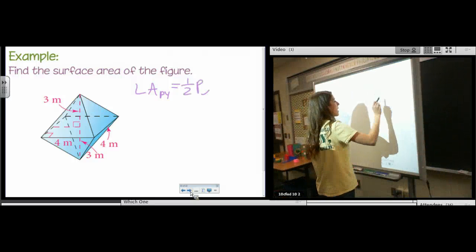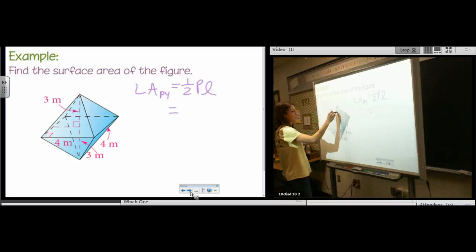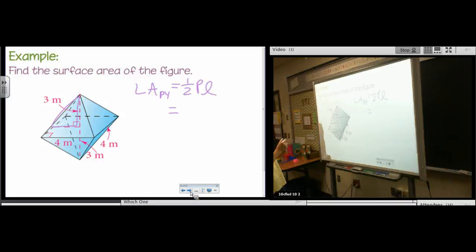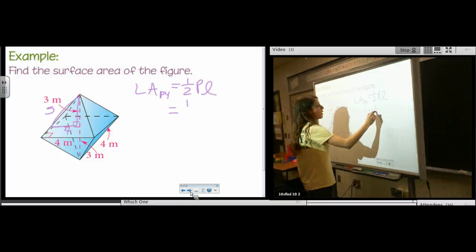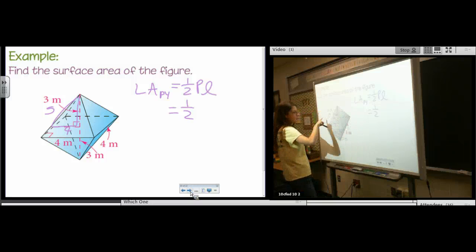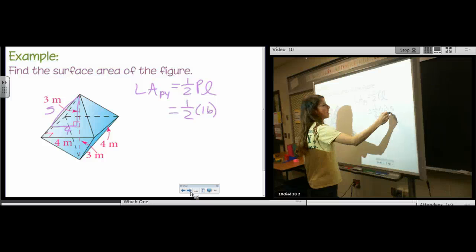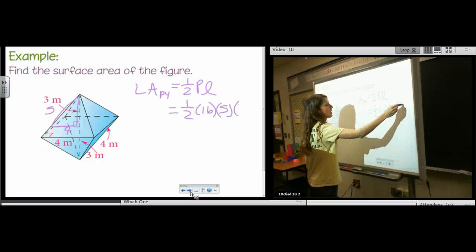1/2 PL. So we don't know L, but we are in luck because this is a 3, 4, 5 triangle. 3, 4, 5. So 1/2 P, which is 16, times L times 2.